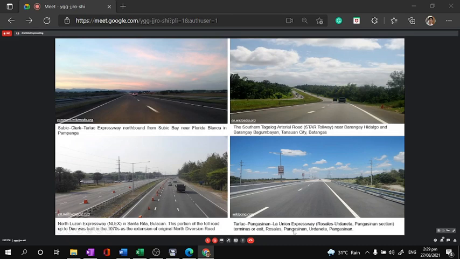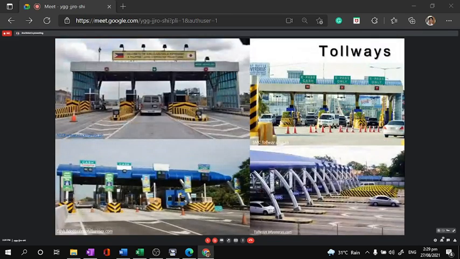And then of course another is the La Union Expressway in the Tarlac Pangasinan expressway section. This is Tarlac and Pangasinan, when the lahar happened before, the area below this is actually a lahar river area and then this one is a bridge section of the expressway.